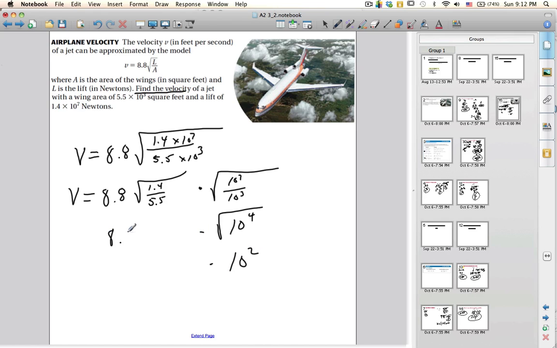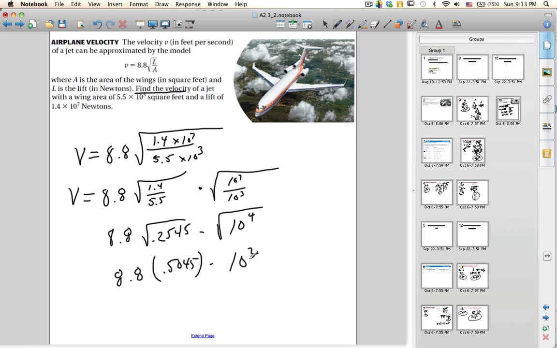So over here I'll have 8.8 times, now I would simplify this if I could, but instead I'm just going to go ahead and do the division. Right? These can't be factored. So this is basically going to be 0.2545. When I actually take the square root, 8.8 times, this is going to be essentially 0.5045.